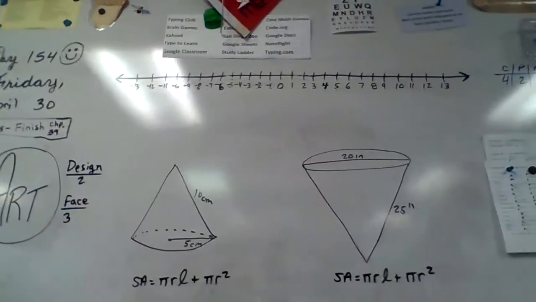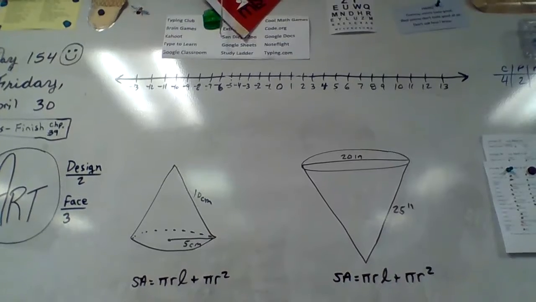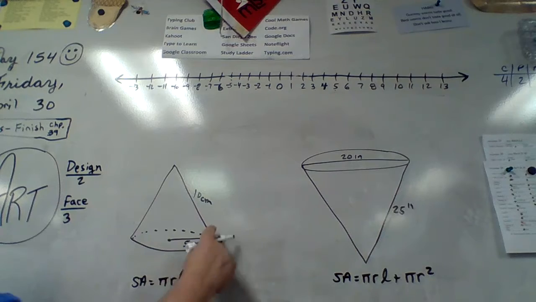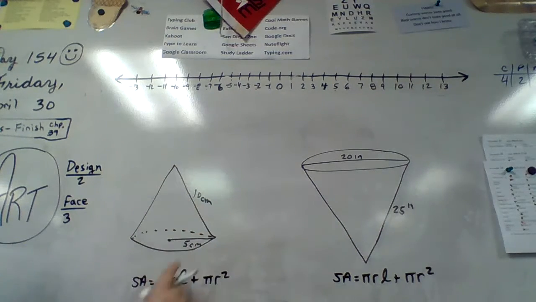Okay, let's move over to these cones. I'm talking surface area, not volume, surface area of the cones. You'll look at the formula here, and it says pi r times L, and L means the lateral height of the cone. Pi times radius times the lateral height of the cone, plus pi r squared. This part right here, that's the area of the base.